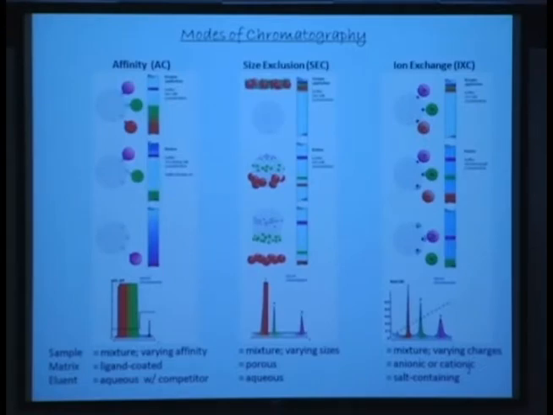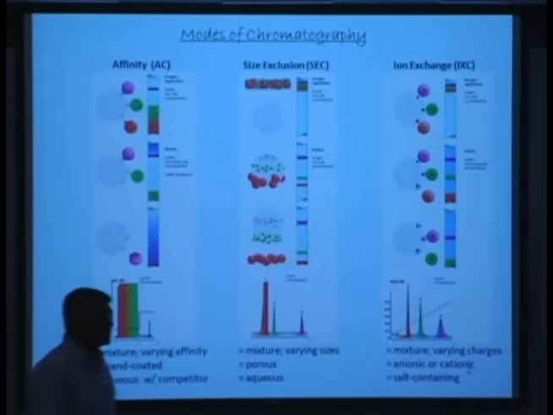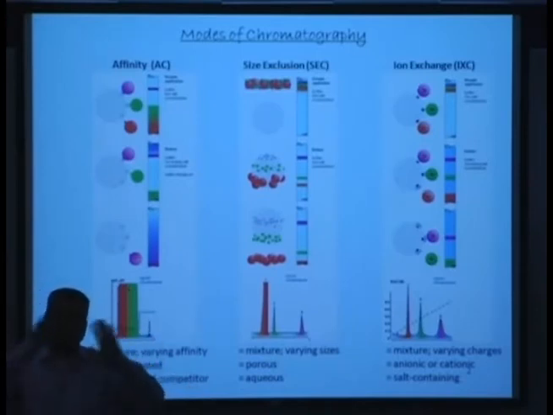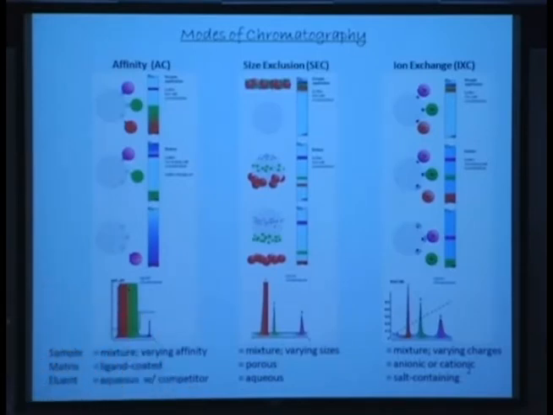Size exclusion chromatography is, in essence, exactly as the name says. Size is excluded. Okay, what is size here? Size is essentially molecular weight. It's not really molecular weight, but it's the overall volume, the hydrodynamic volume. Because carbohydrates have a number of OH groups and they tend to be associated with a lot of water.